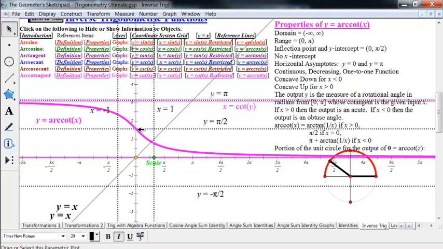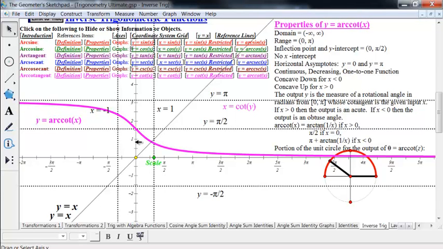Right halfway in the middle, right here on the axis, is an inflection point. And that point is also, of course, the y-intercept, and that point is the point 0, comma pi over 2. It doesn't have an x-intercept. It has horizontal asymptotes at y equals 0, the x-axis, on the right, and also at y equals pi on the left.